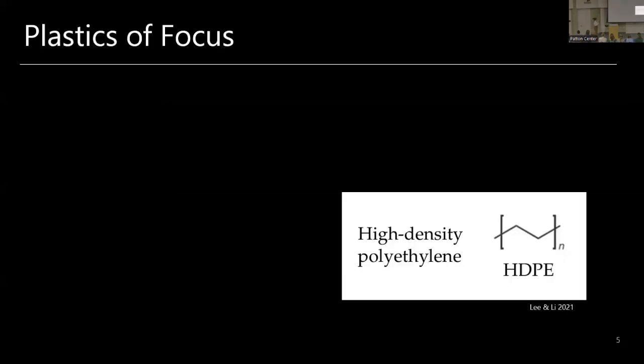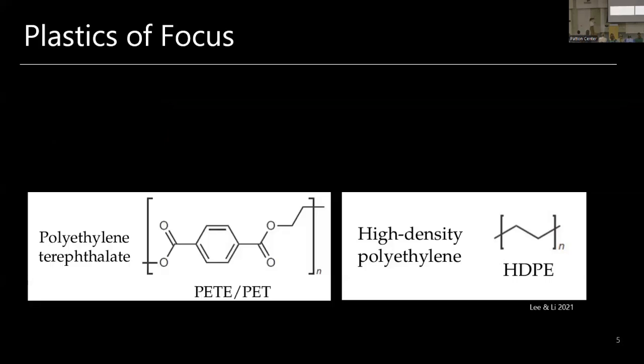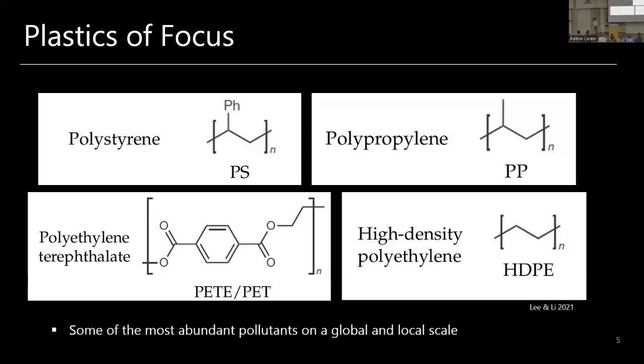So my plastics of focus were high density polyethylene, polyethylene terephthalate, polypropylene, and polystyrene. These are just some of the most abundant plastics globally and locally. They have a lot of different characteristics that make them interesting to study. PP and PE are aliphatic compounds. They have very simple chain structures.